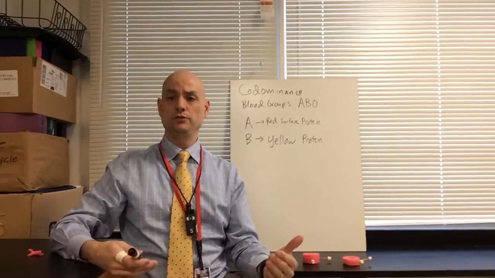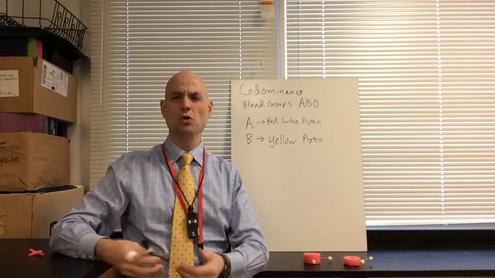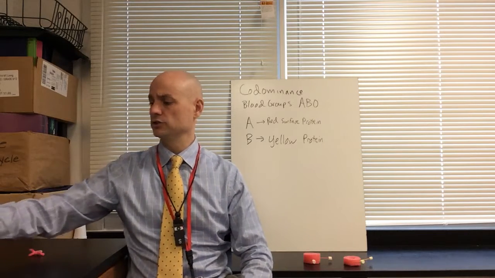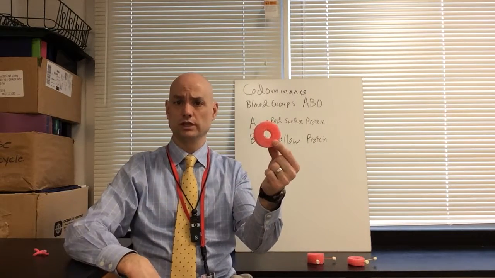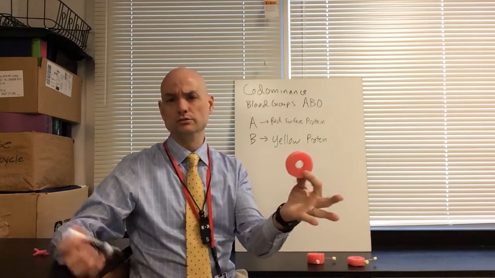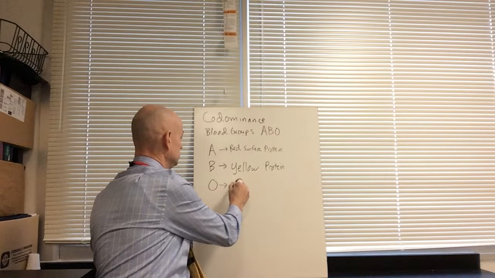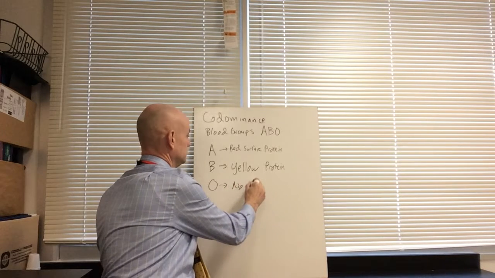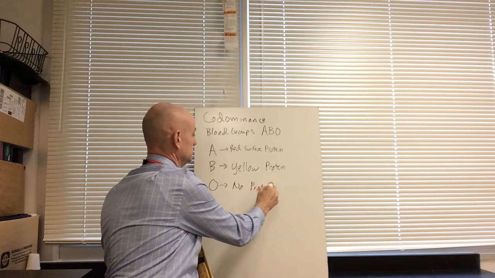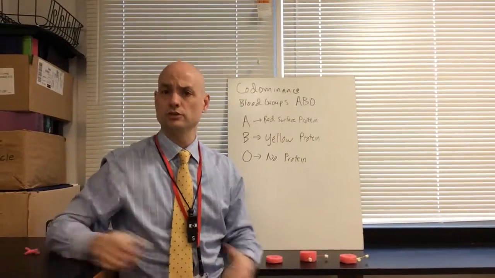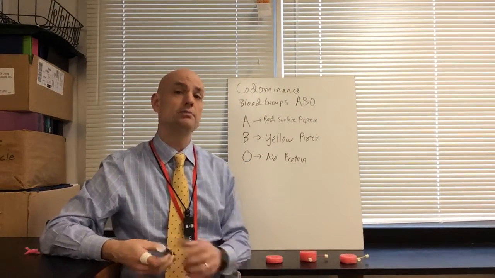Okay, and then what if you have type O? So type O is a lack of a surface protein, so it just looks like this. So O is kind of like 0, if you will, okay? All right, so I'm sure you've heard also of another type of blood called AB blood type.